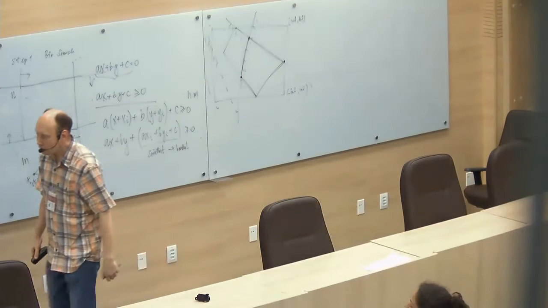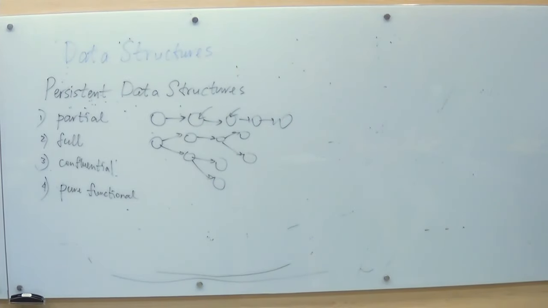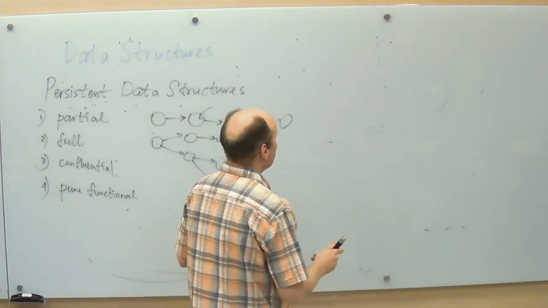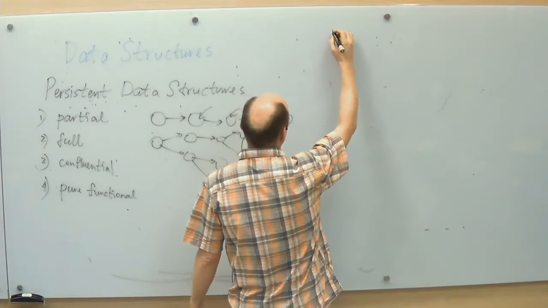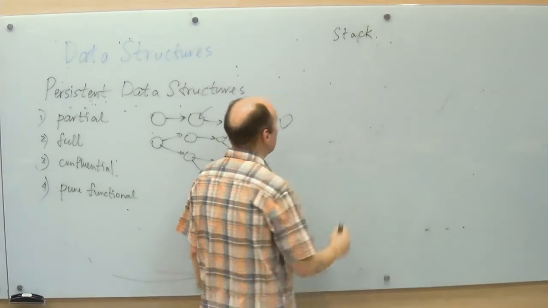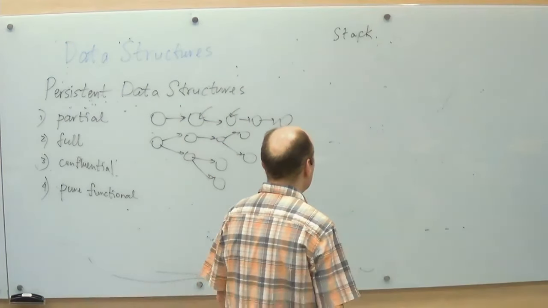So to get some sense of persistent data structures, let's start with the two most basic ones. The very simplest one is a stack. Let's make a persistent stack. So what is a stack?